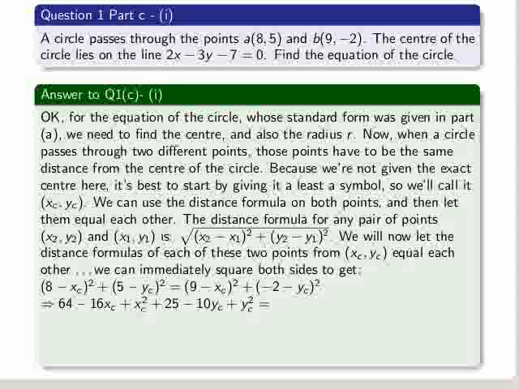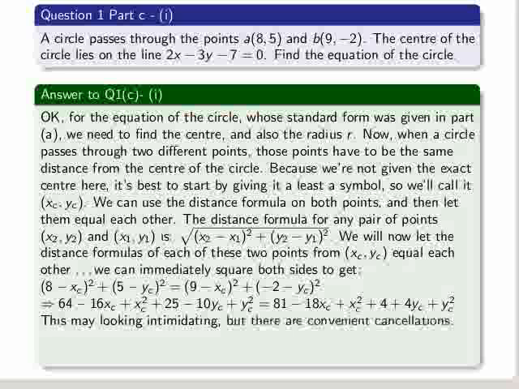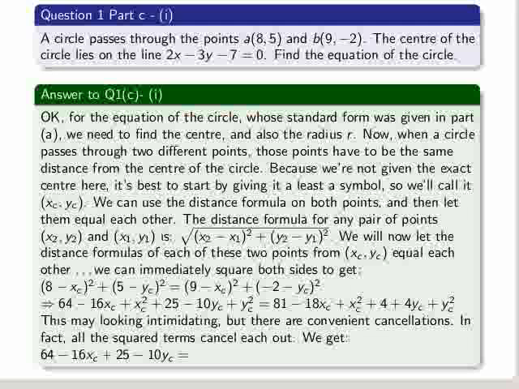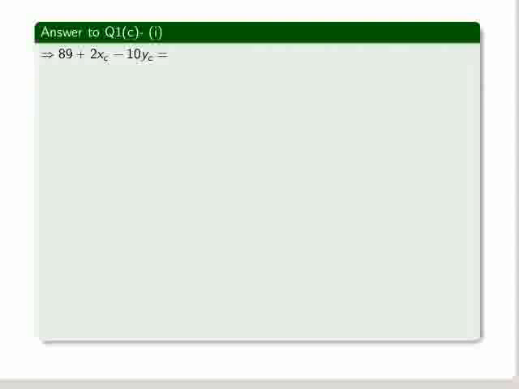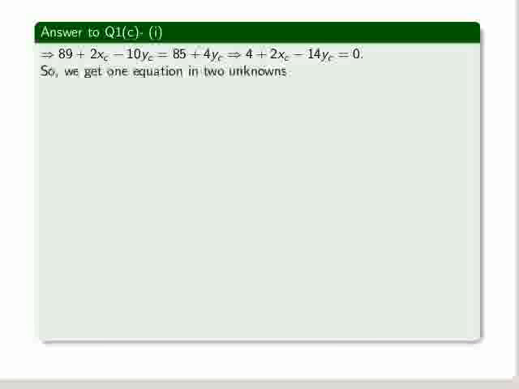It's an equation in terms of xc and yc, and we simplify a little. It may look intimidating, but there are convenient cancellations. In fact, all the square terms cancel each other out. So we can cancel those square terms out, and we get, as shown, which we simplify a little, and eventually we get that 4 plus 2xc minus yc is equal to 0.